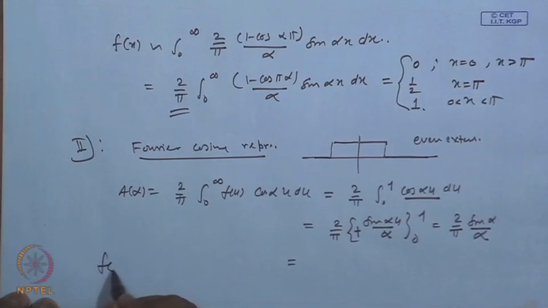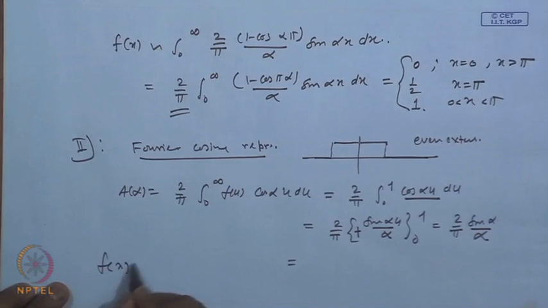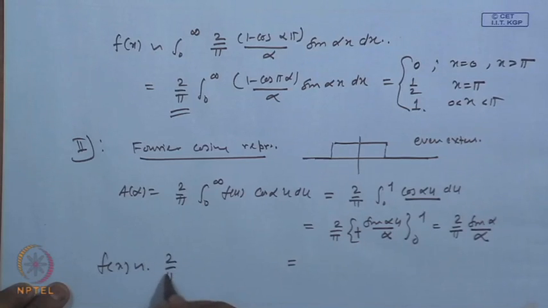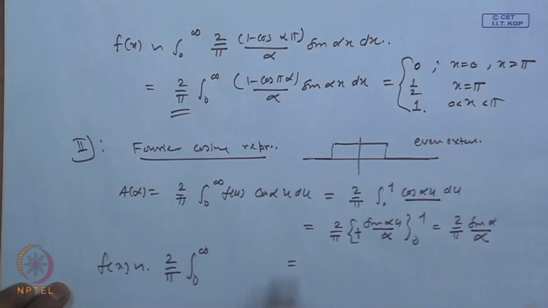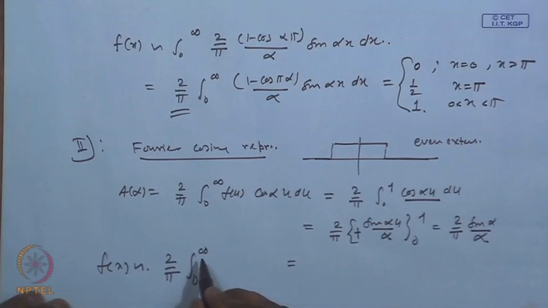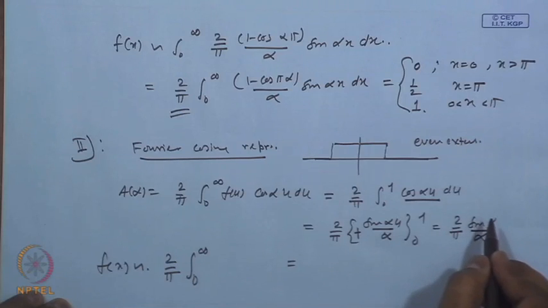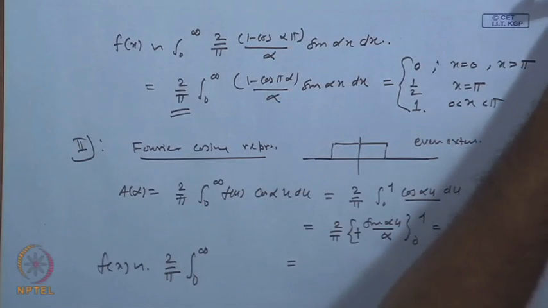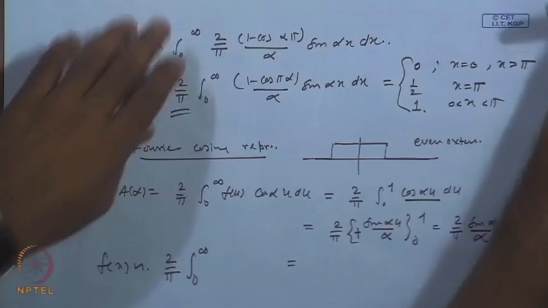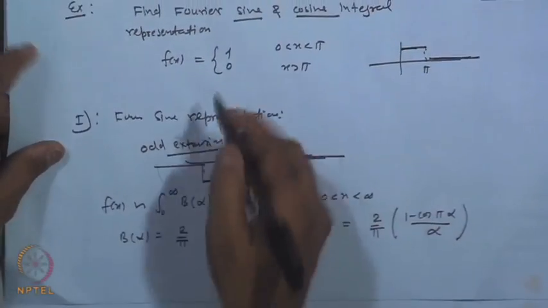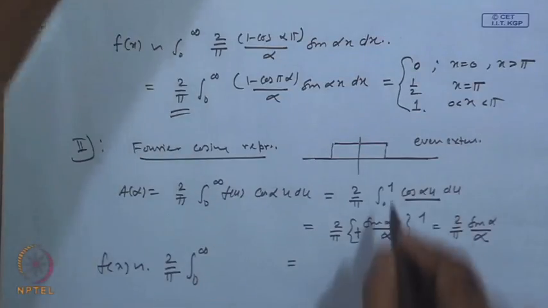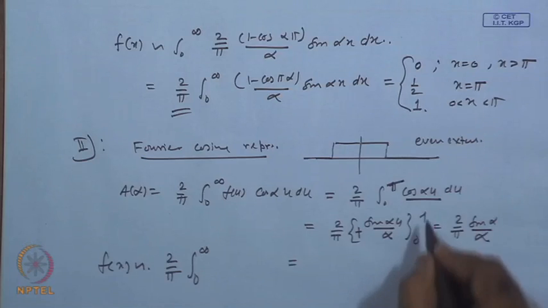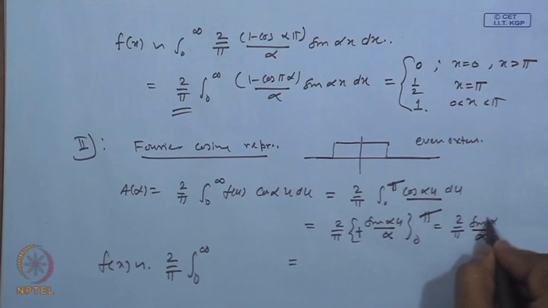Okay, and then this f x we can represent by this 2 over pi, 0 to infinity, and our function was defined between 0 to pi. So, we have to have here 0 to pi. So, in that case it will be just pi alpha.